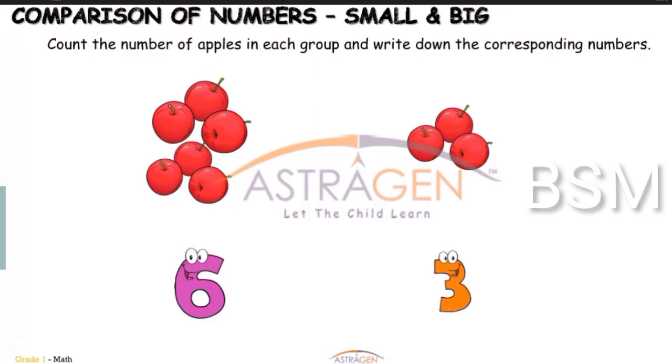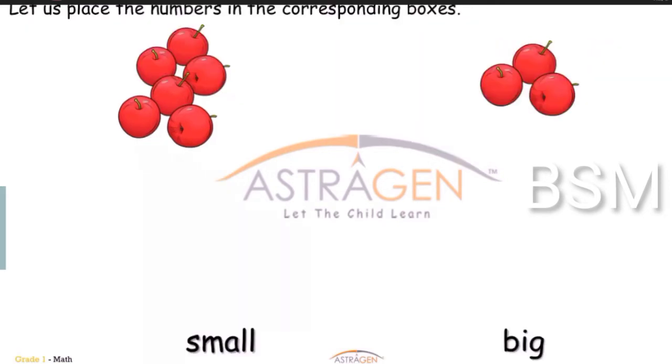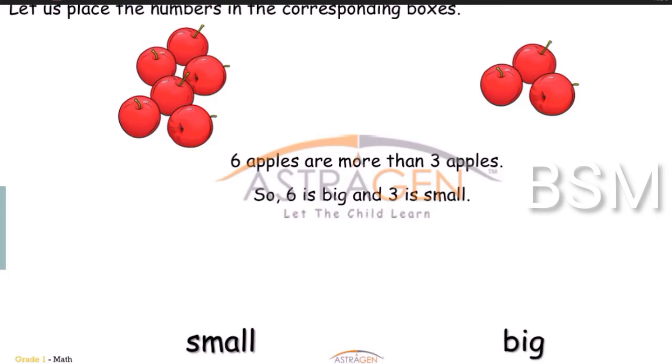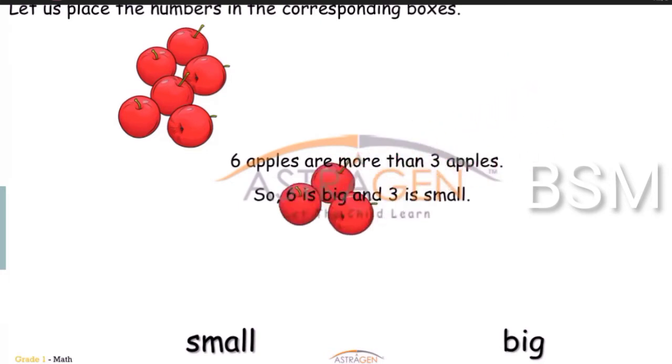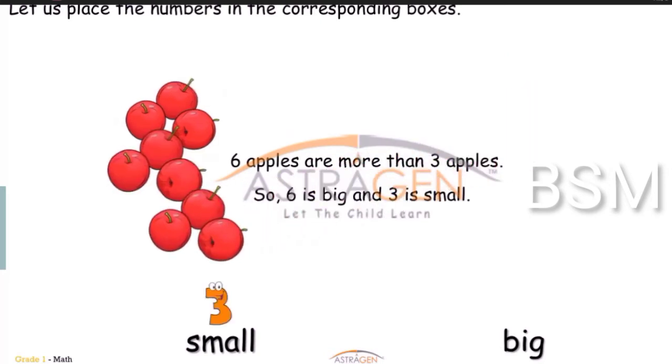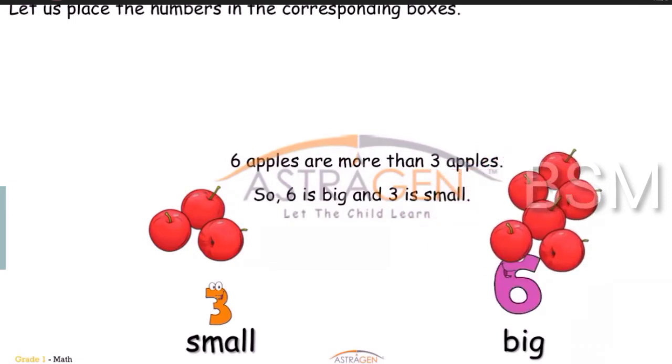We have more apples on our left side and fewer apples on the right side. So the more apples count to the number 6. So 6 is big and 3 is small. Right? 6 apples are more than 3 apples. So that is why we say that 3 is small and 6 is big.